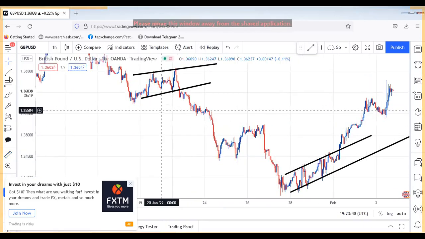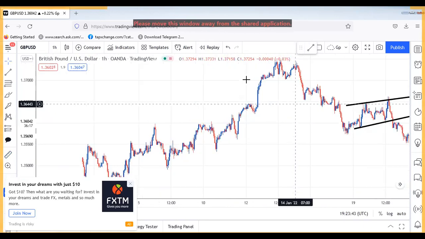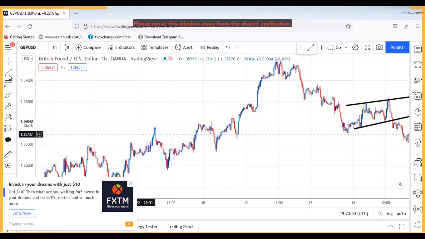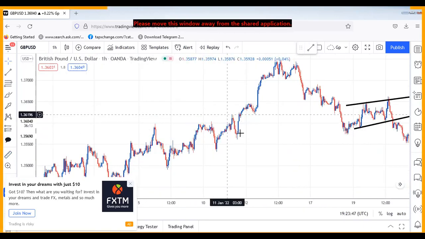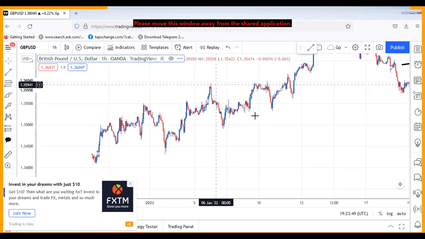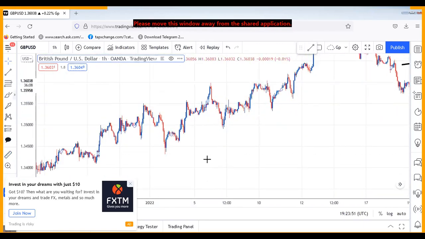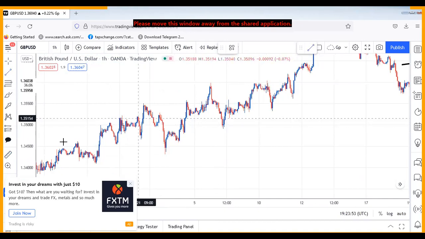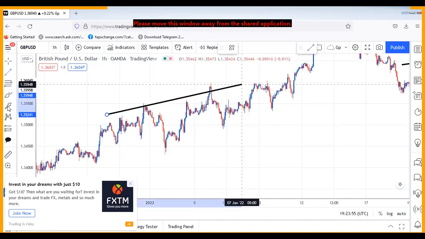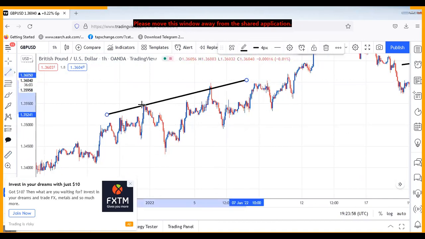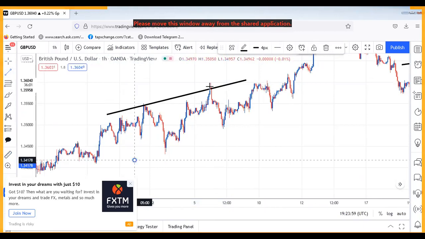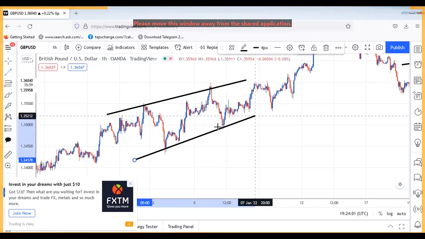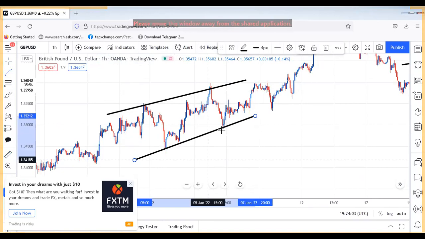Another good example. So if you look at this now, you see that if you draw this trend line, you put this here, draw this, put this here. Another very good opportunity.